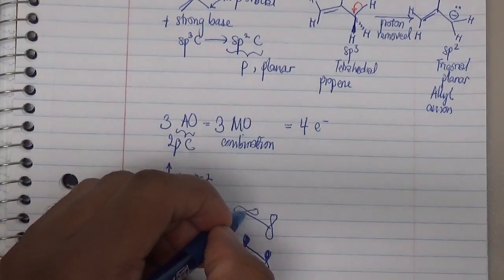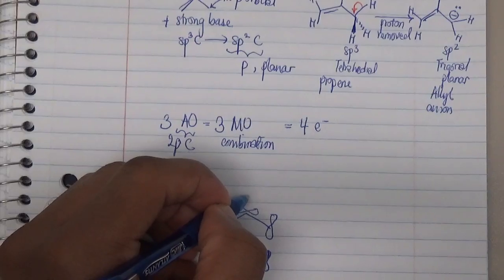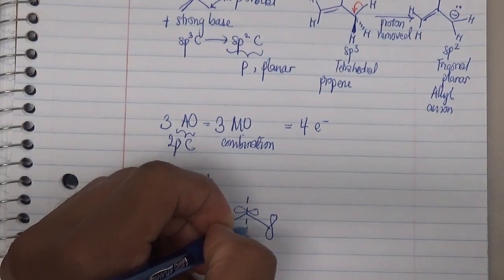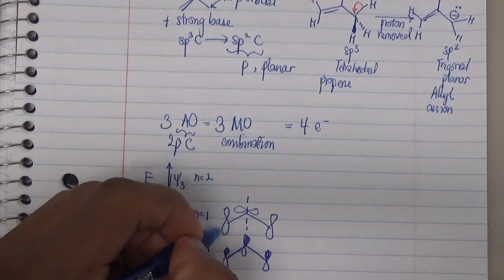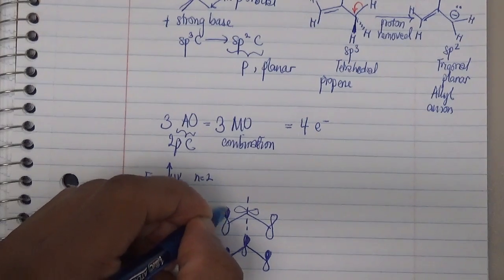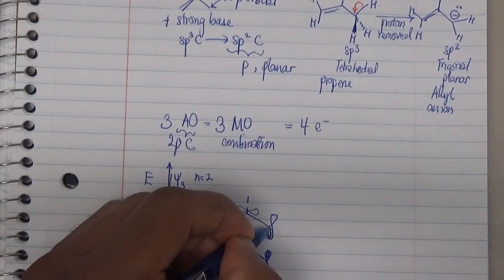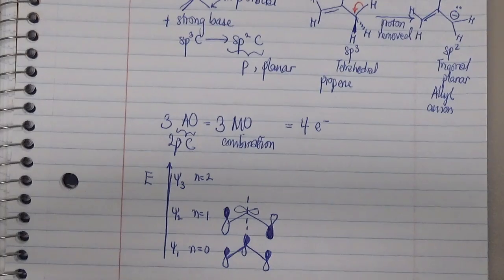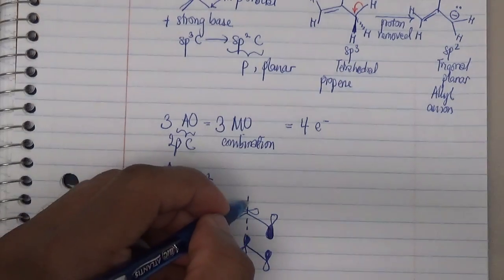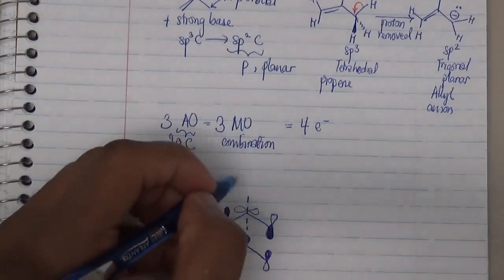This is quite invisible because I don't want you guys to see it clearly, but in here we form a node in this region over there, and then we're going to have our in phase and our out of phase over there. So therefore in this particular region we're going to have our number 1 node over there.